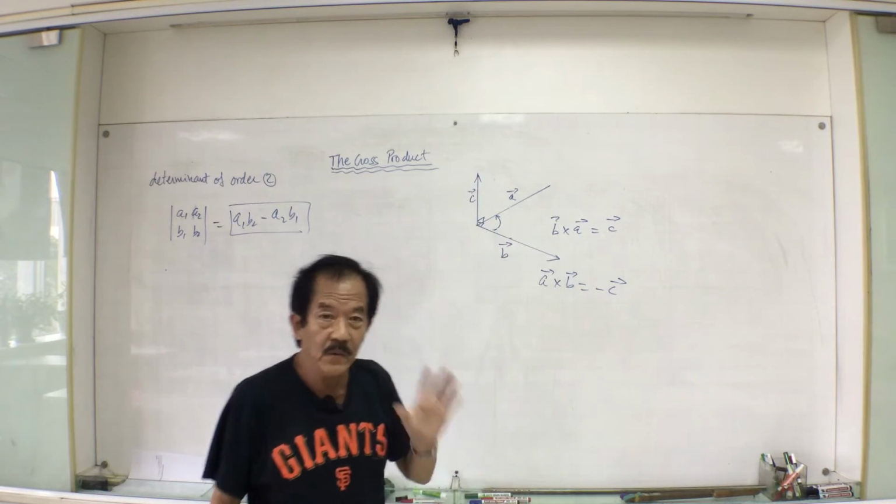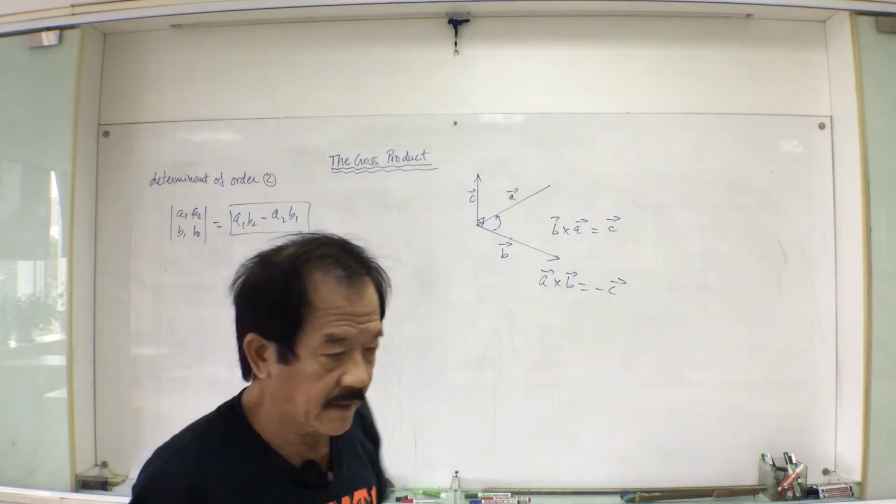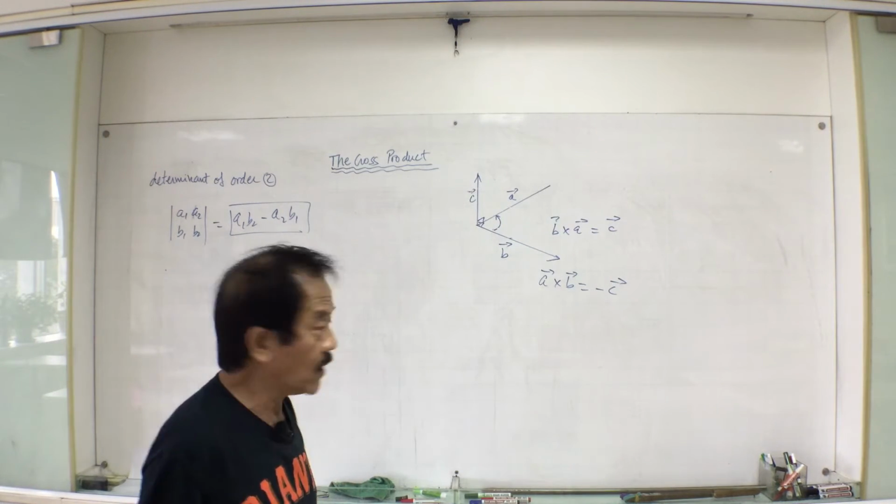Therefore it only works in 3 dimensions. 2 dimensions doesn't have a cross product.